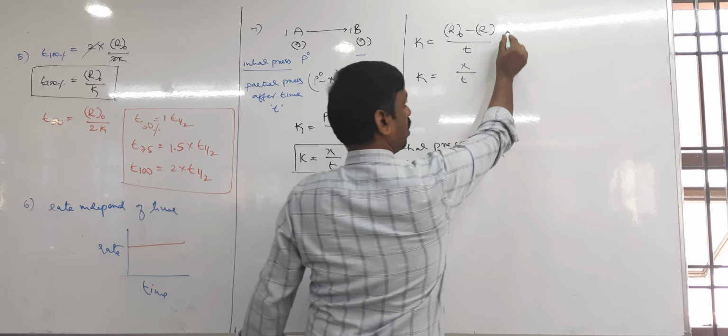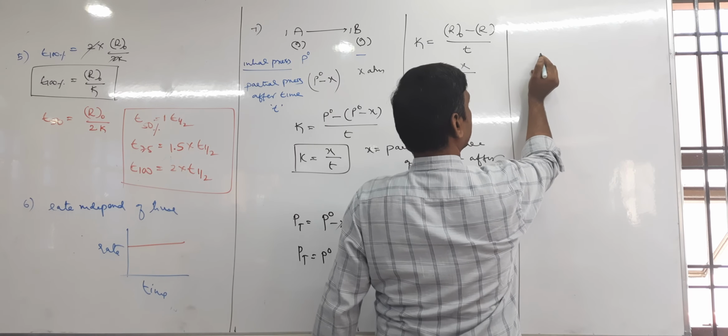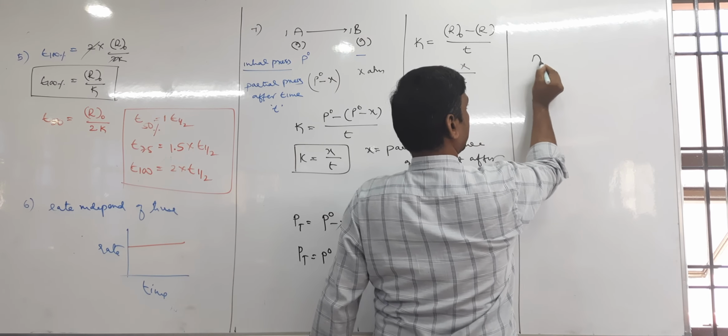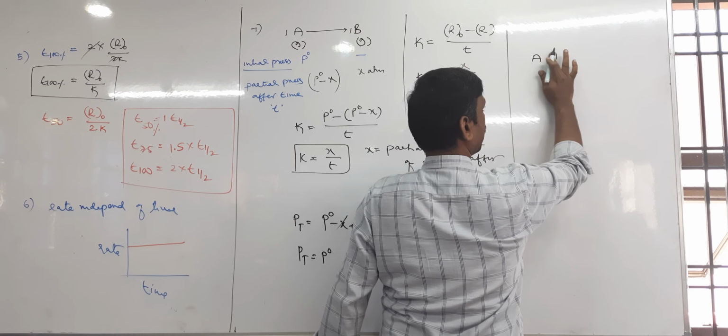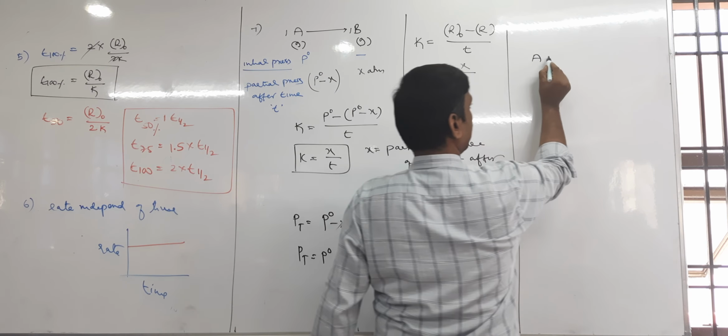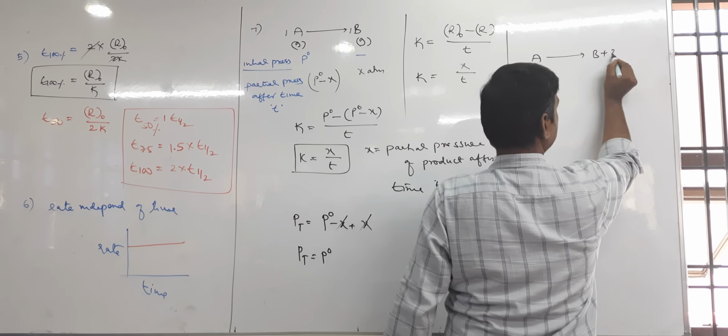Next, let us take an example. A zero order reaction: A gives rise to B plus 2C.